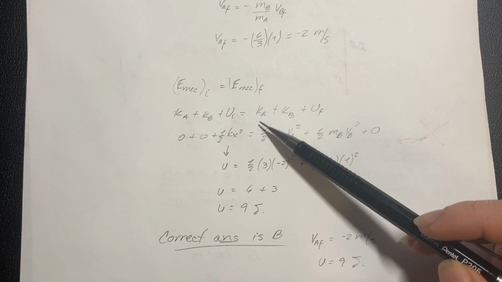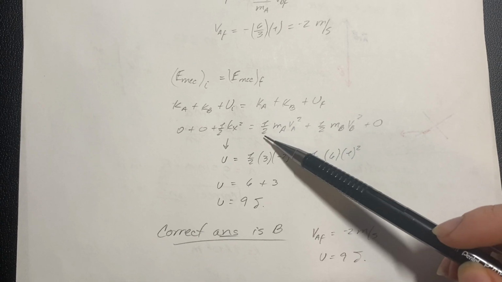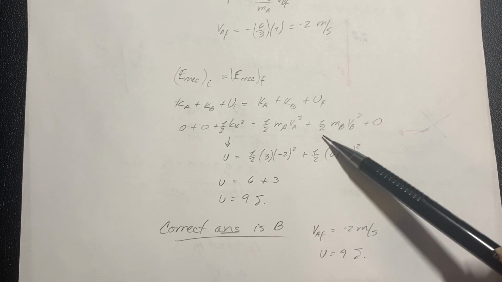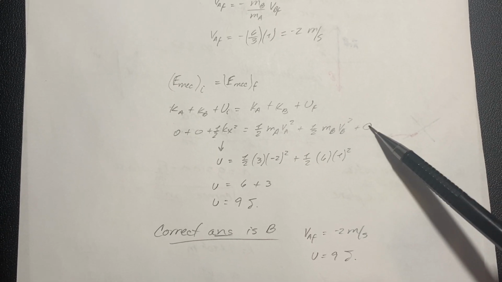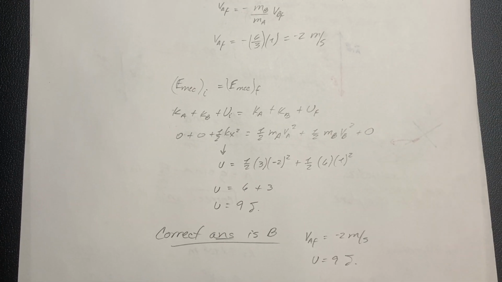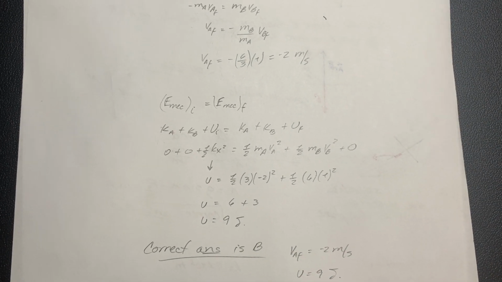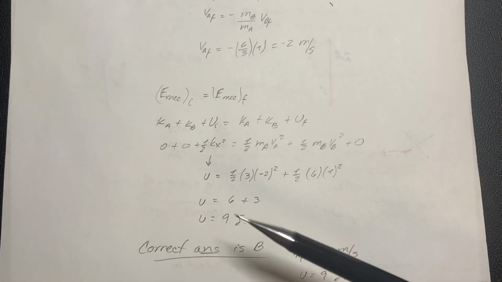The kinetic energy of A, like the final kinetic energy of A, is equal to this equation. B is the same, plus 0, because the final potential energy is 0 because the system is released, so there is no potential energy.